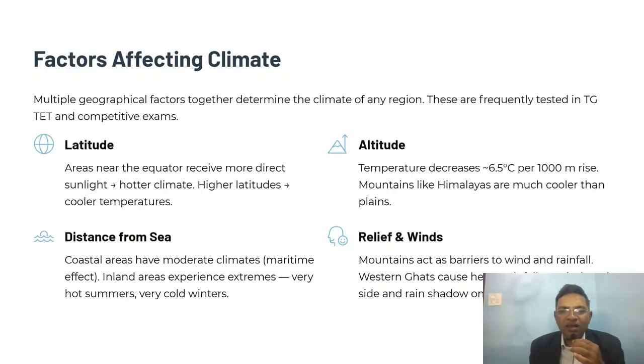This is the maritime effect. Inland areas experience extremes, very hot summers and very cold winters. Then relief and winds. Mountains act as barriers to wind and rainfall. So the Western Ghats cause heavy rainfall on the windward side and rain shadow on the leeward side. So these are the factors affecting climate.